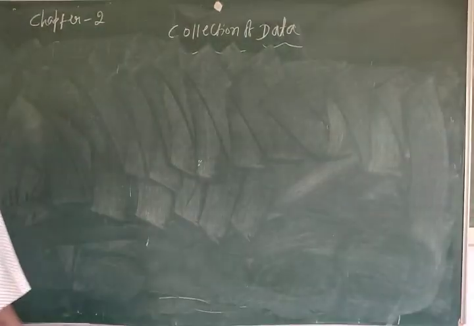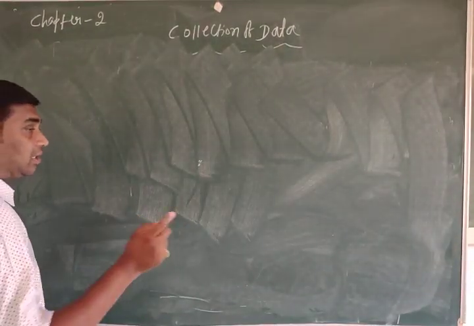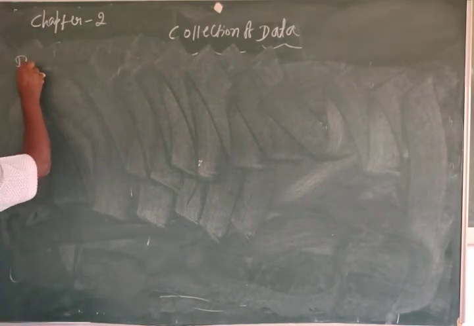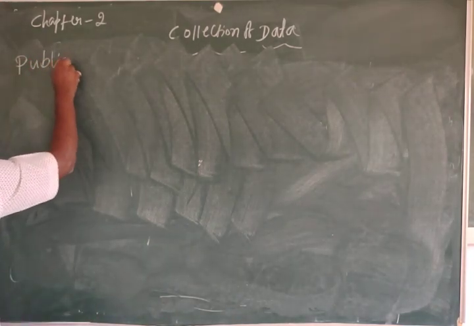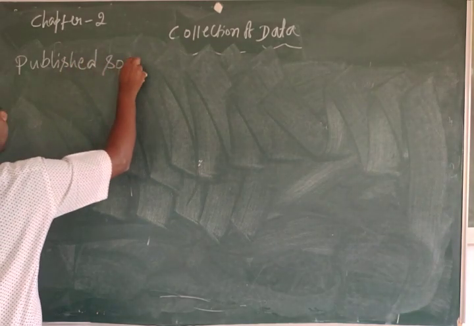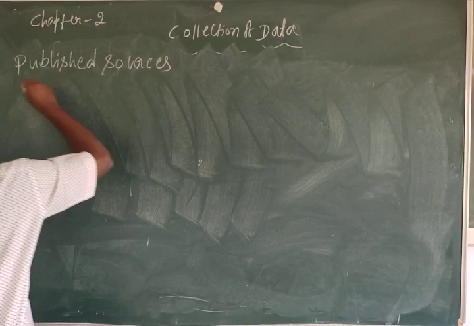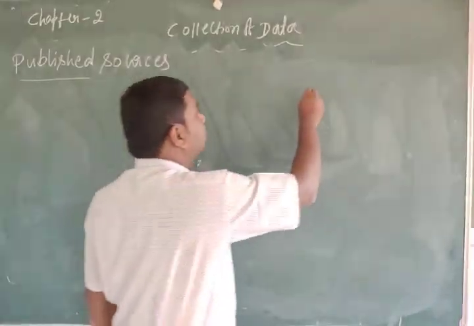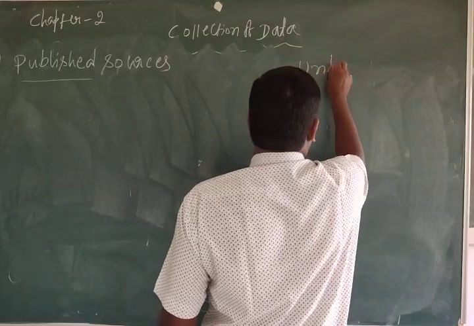So we can collect the secondary data in two ways. One is published sources. Another one is unpublished sources.